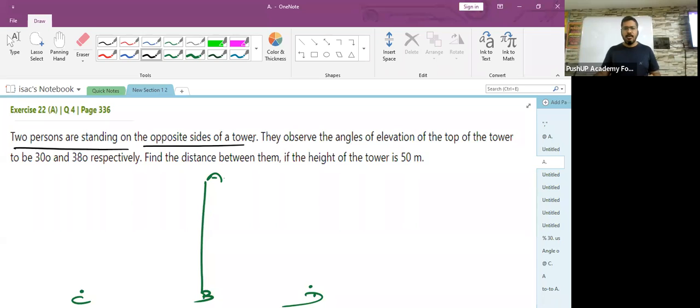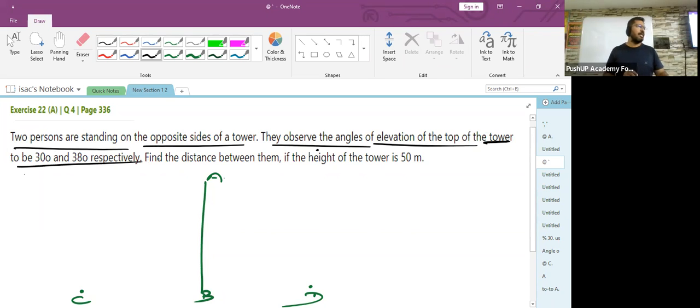Okay. Now, they observe, children, they observe the angles of elevation of the top of the tower to be 30 and 38 degrees.